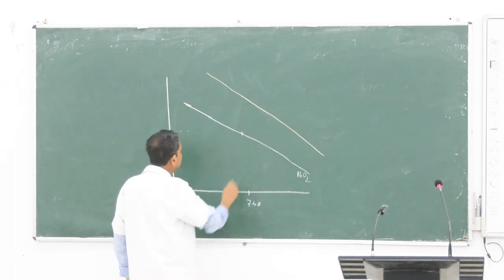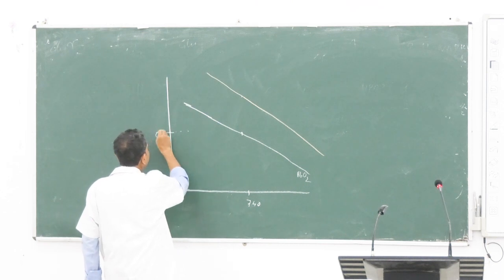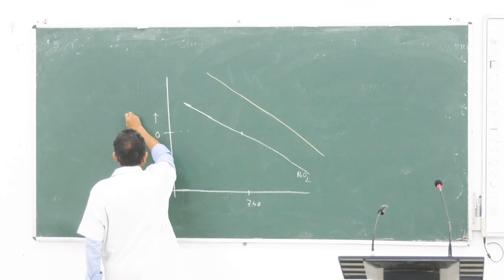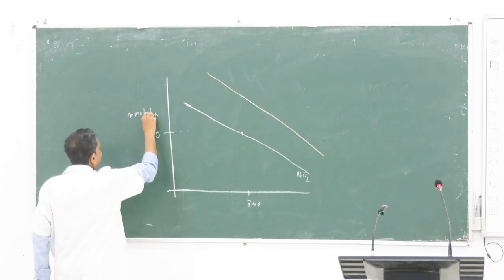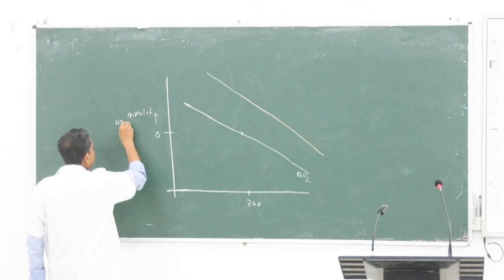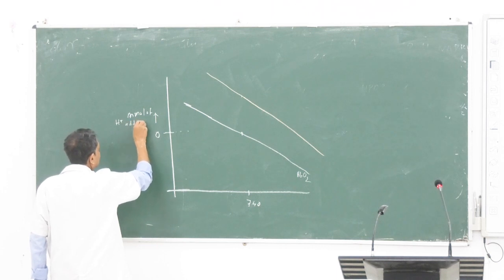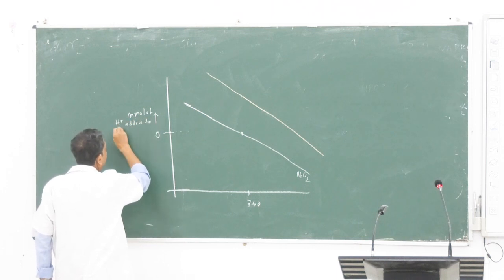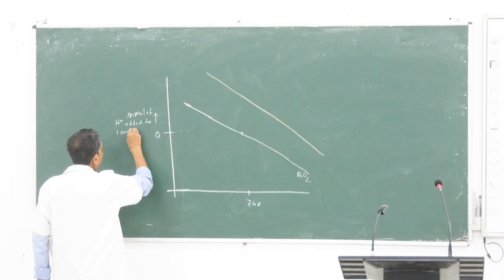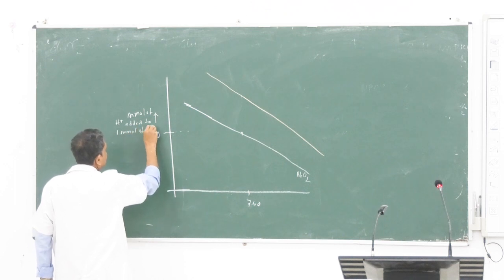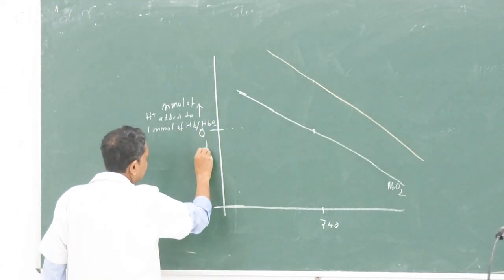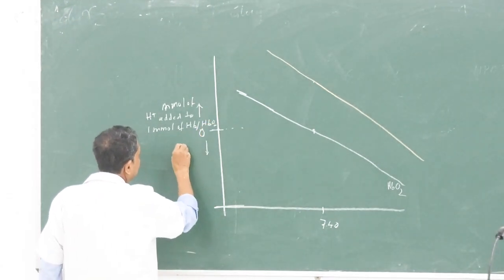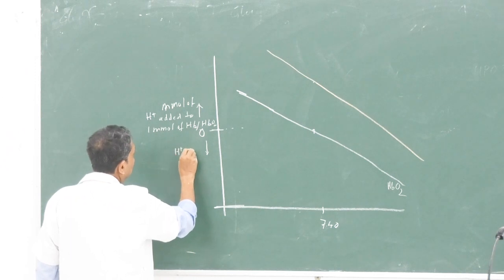Suppose this point is the zero level, millimoles of hydrogen ion added to 1 millimole of Hb/HbO2. And in this case, similarly, hydrogen ion is removed.